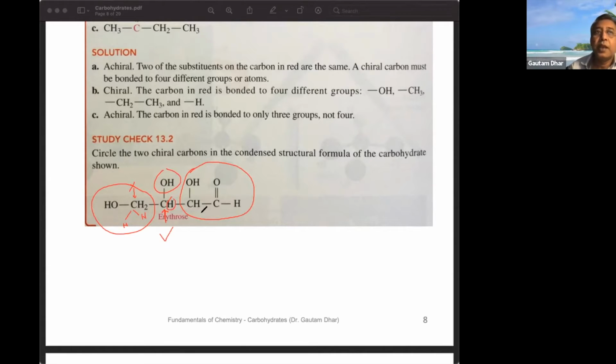And this one? Same idea, you have four different groups, so this is chiral. But not this carbon atom; this one is not chiral. Just look at it closely. If there are four different groups attached to the carbon atom, it is chiral. If there are three, then it is not chiral. It has to be four.